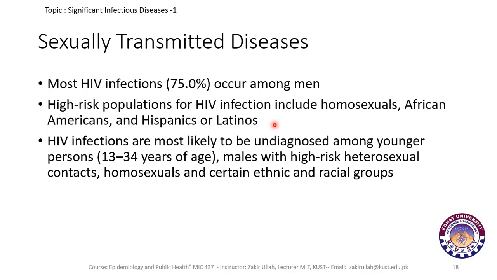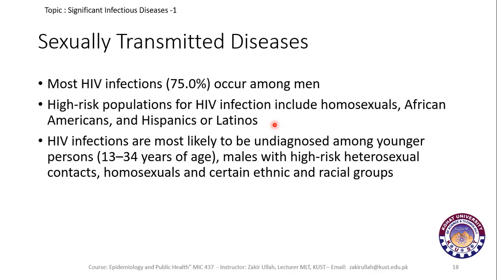So these are the people at higher risk for these STDs and HIV. The HIV infection is most likely to be undiagnosed among younger persons from the age of 13 to 34 years, males with high risk and heterosexual contact, the homosexuals, and certain ethnic and racial groups.